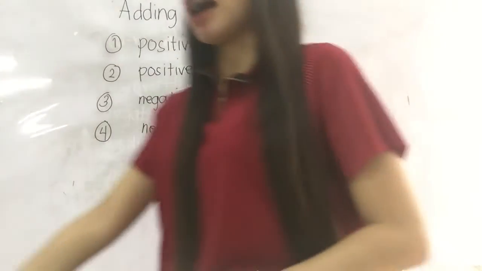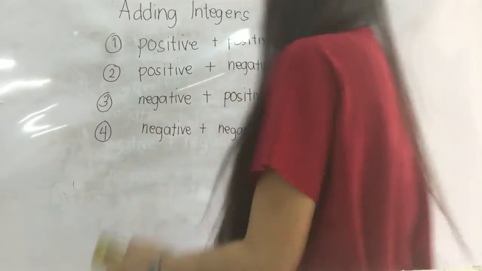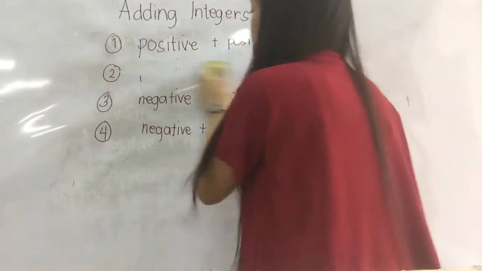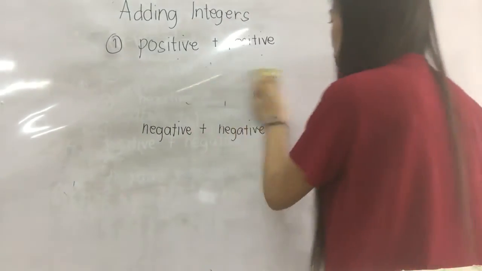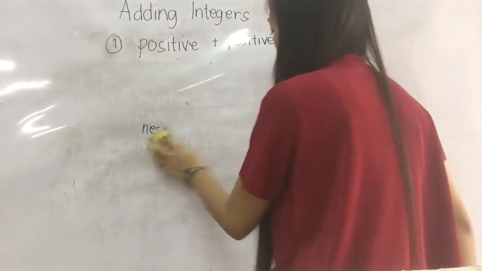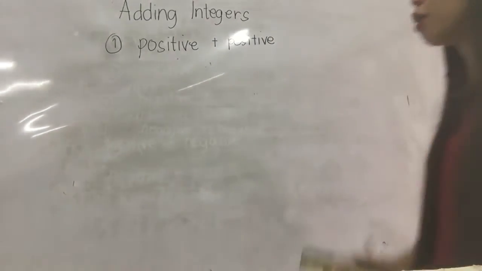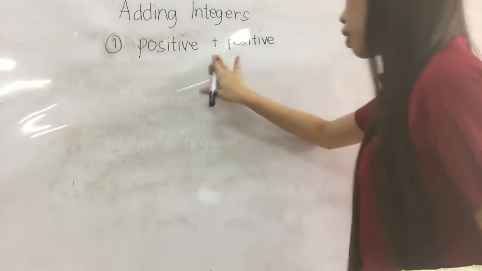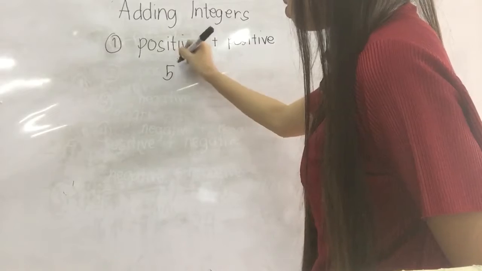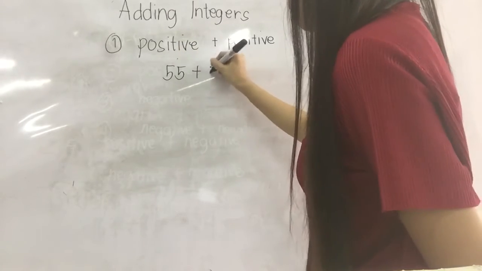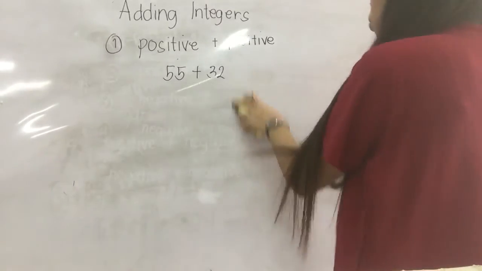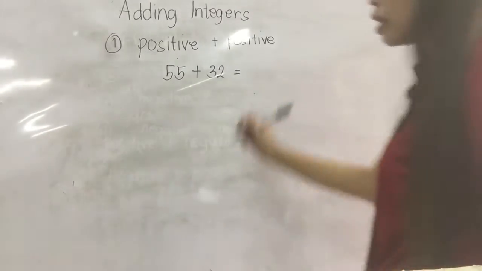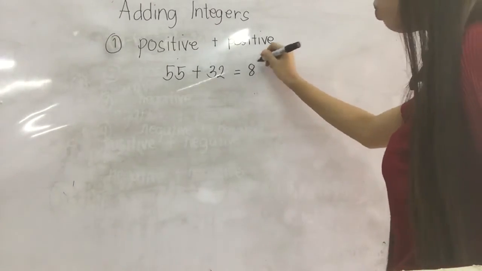So let's have an example for the first case. Positive and positive, for example, 55 plus 32. Positive 55 plus positive 32, the answer is positive 82.